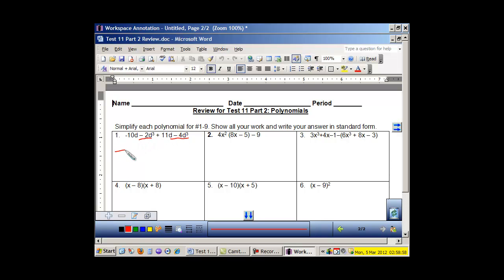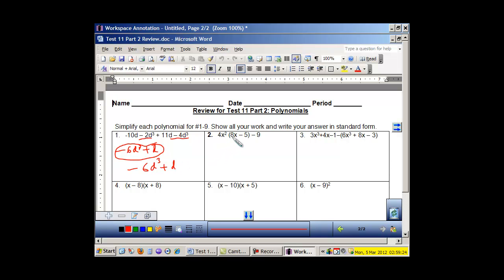So that would be negative 6d to the third. And negative 10d plus 11d is plus d. That's it. So it's negative 6d to the third plus d.